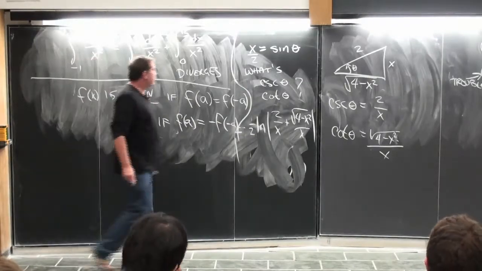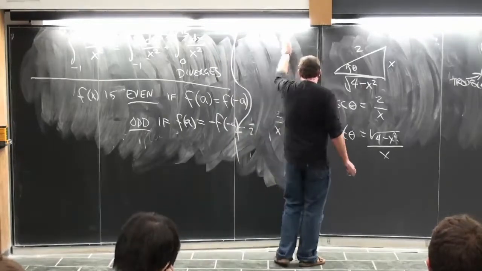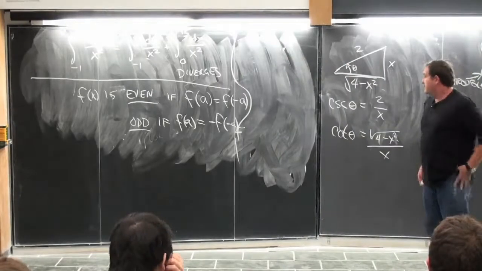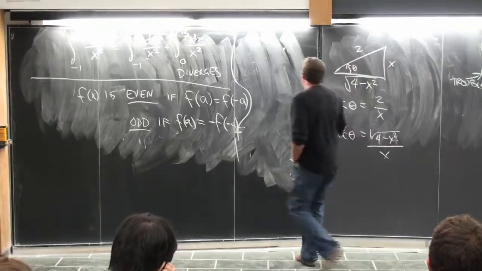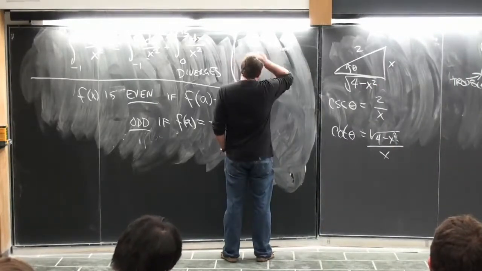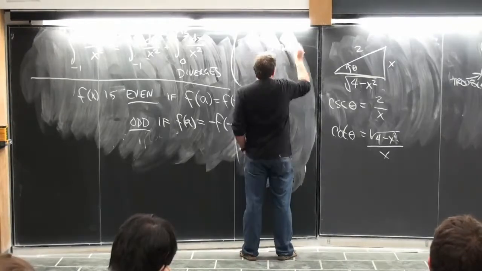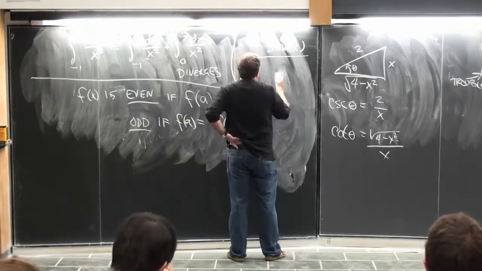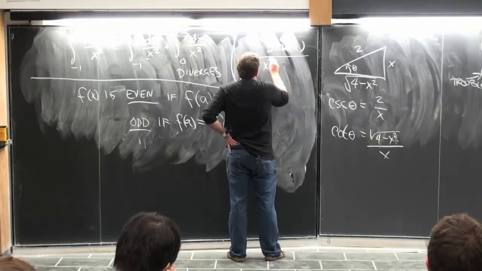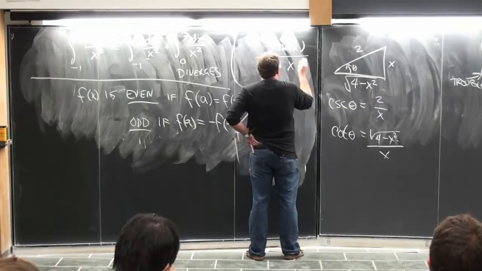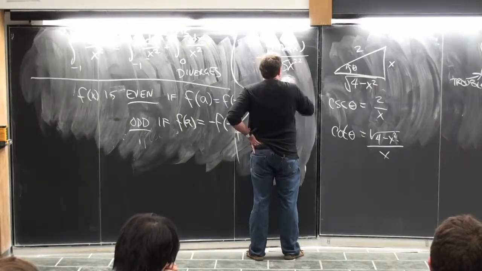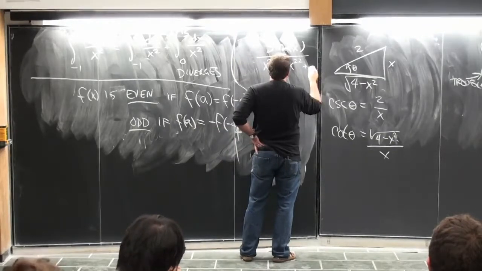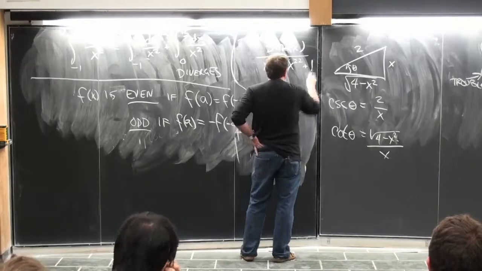So the reason I'm sure you're asking is because if I have a function which is, say, even, well, or odd, let's say I have an odd function like, I don't know, sine of x over something, plus 1.